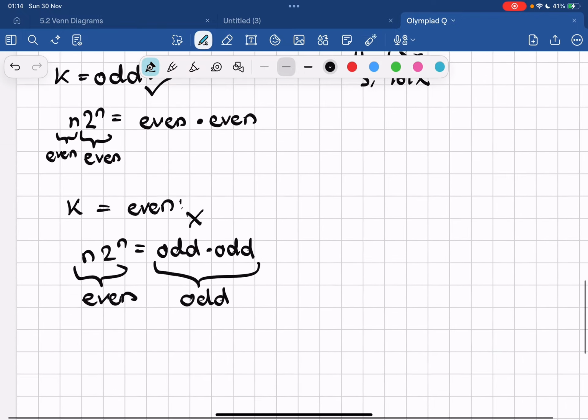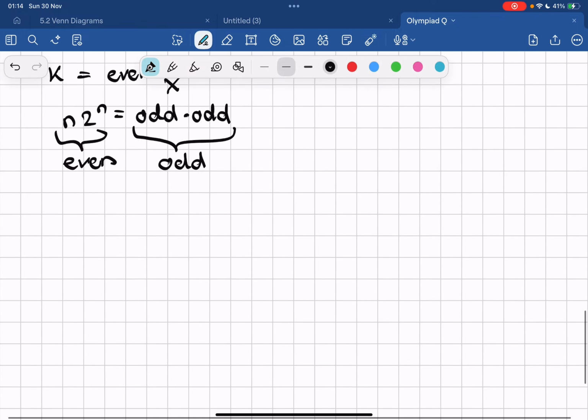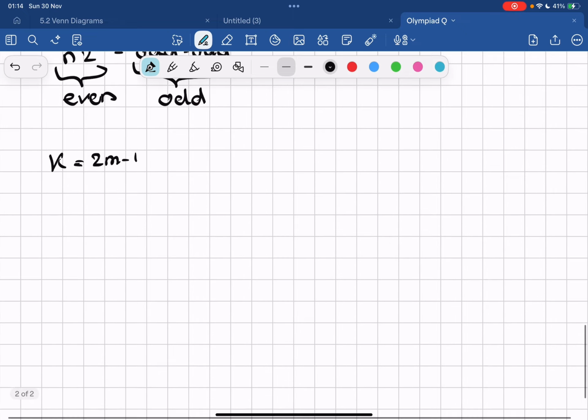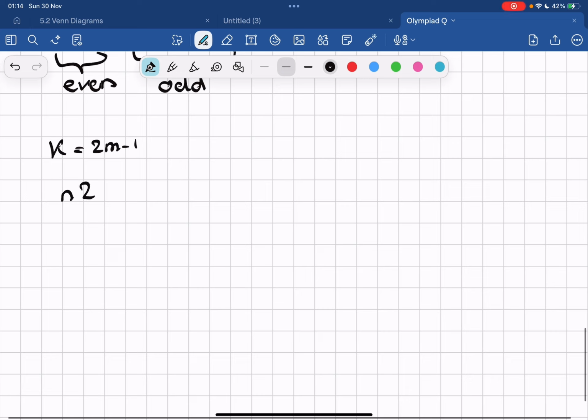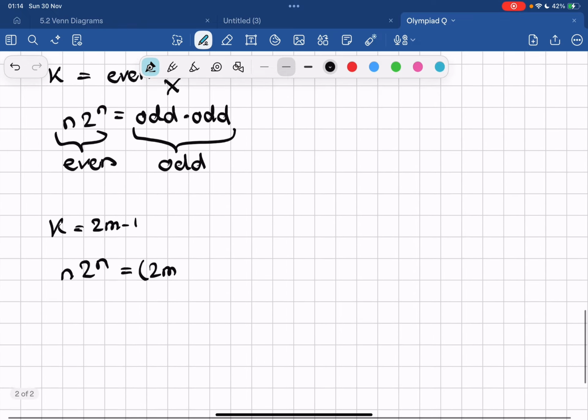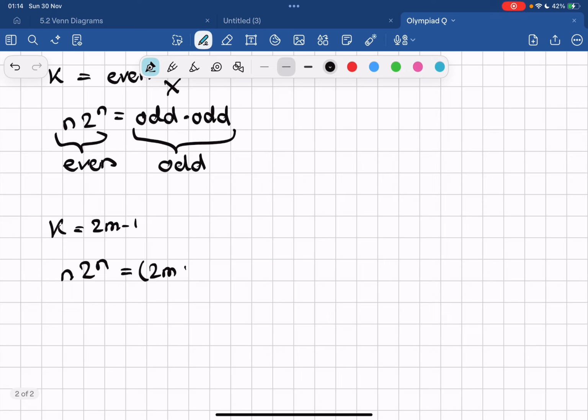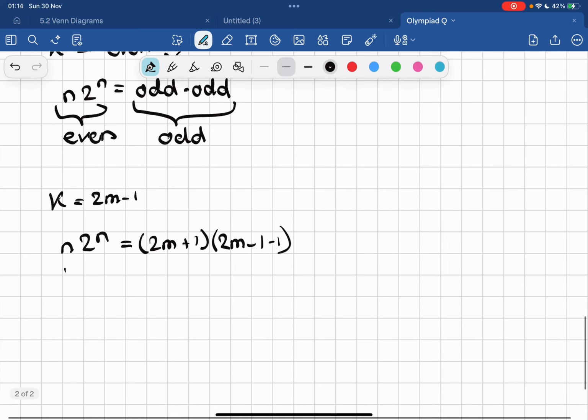Fine, now that we know k is always odd, we can rewrite k as, let's say, 2m minus 1. And if you sub this back into the equation we formed, we've got n times 2 to the n equals 2m minus 1 plus 1 times 2m minus 1 minus 1.